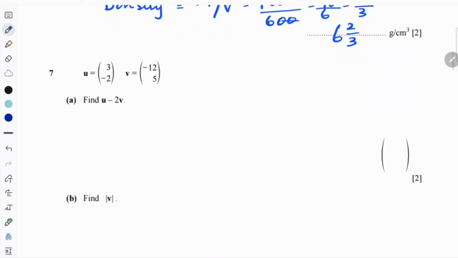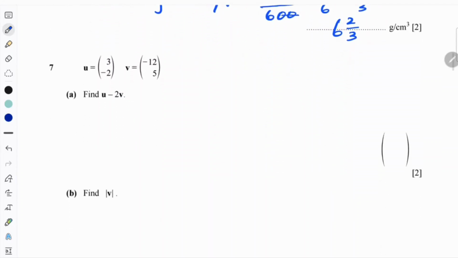Now question number 7, a vectors question. U is the column vector (3, -2) and V is (-12, 5). They are asking us to find U minus 2V.